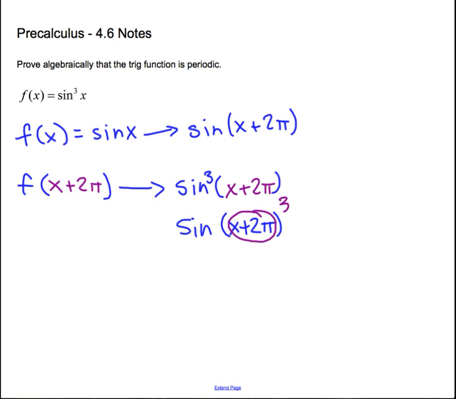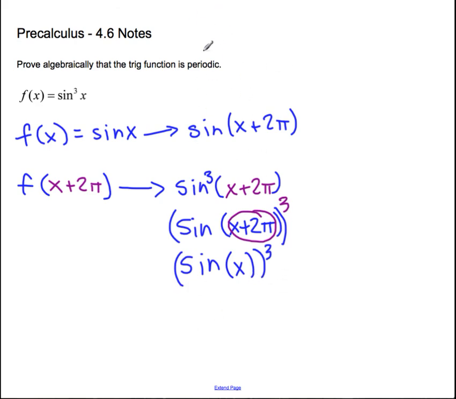Remember, anywhere you go on the unit circle, if you add 2 pi to it, you're back to where you started. So basically, we're looking at this whole thing being cubed. And hey, guess what? Isn't this where we started?